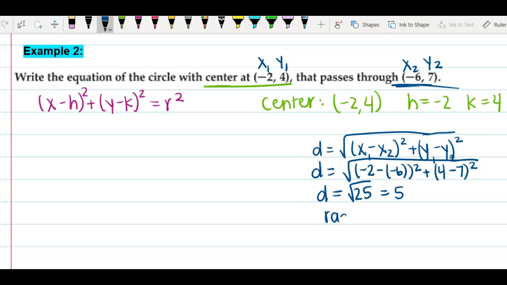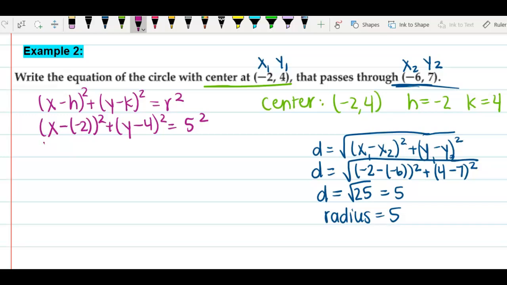So our radius is 5. Now we can plug that into our equation. x minus the center, so we have minus the negative 2. y minus 4, and then our radius, which is 5 squared. So this would be x plus 2 squared, plus y minus 4 squared, equals 25. And that's it for step 30.